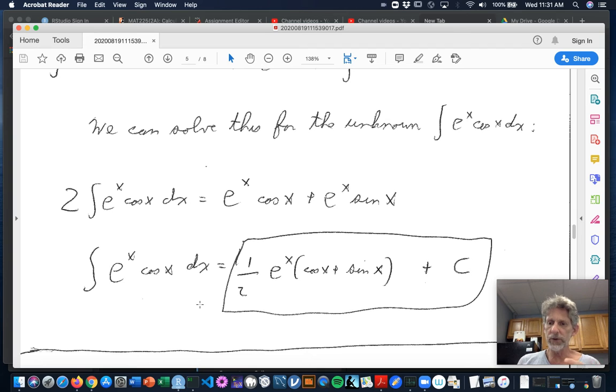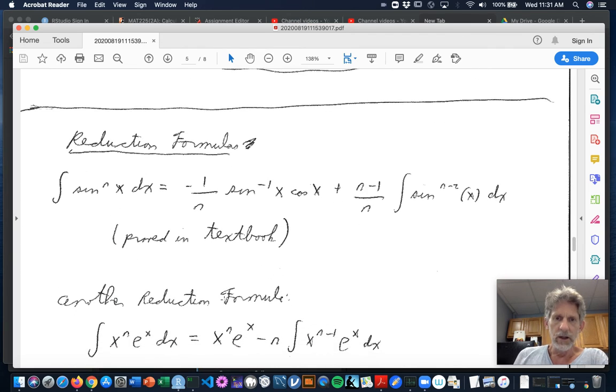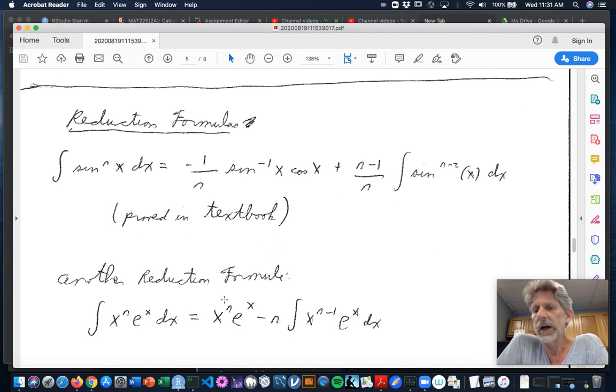So watch for opportunities to snatch victory from the jaws of defeat. You'll also often find yourself doing integration by parts more than once and gradually beating a hard problem down to easier ones. The book draws your attention to what it calls some reduction formulas. And they offer one in the body of the text, and they offer some others in the exercises.